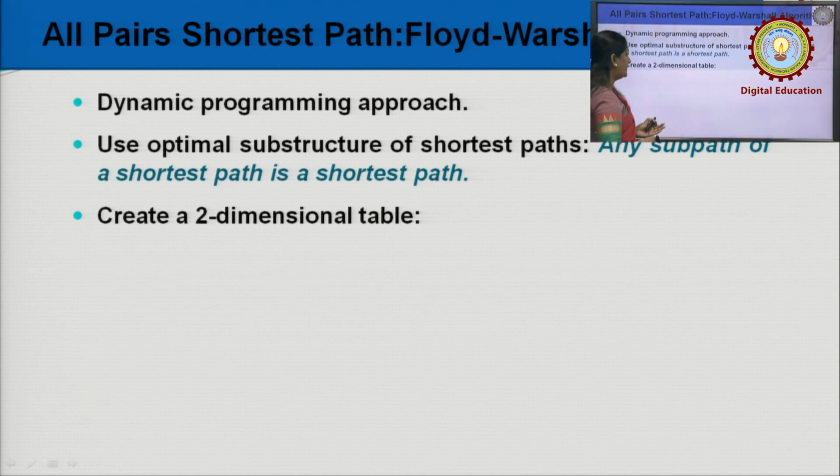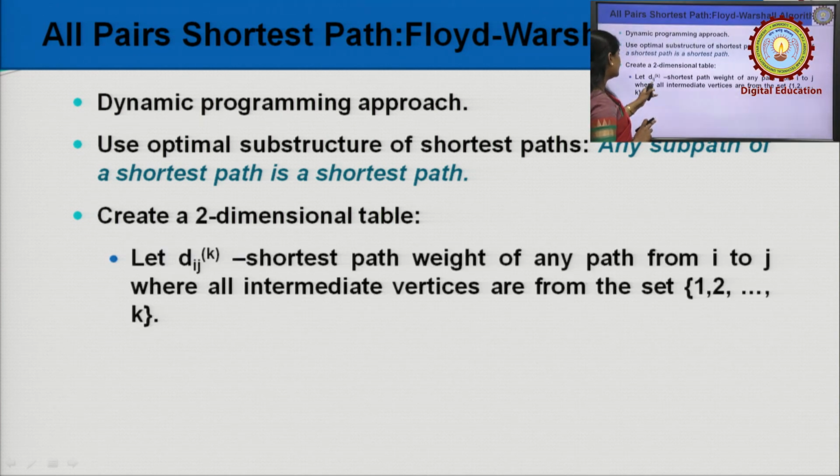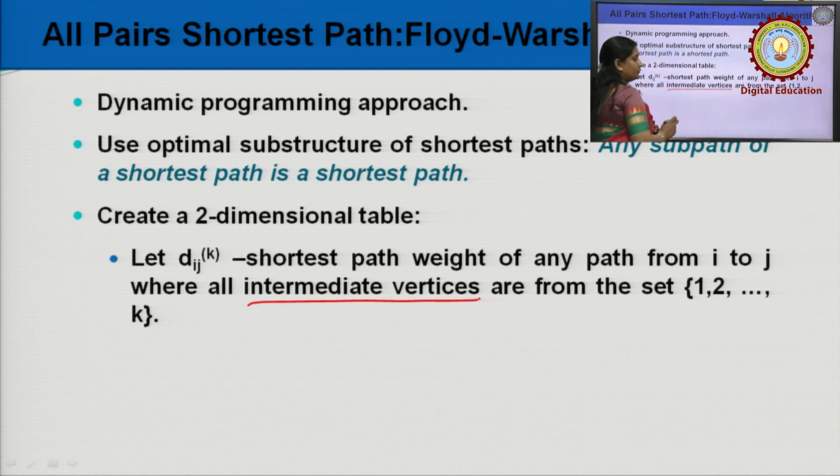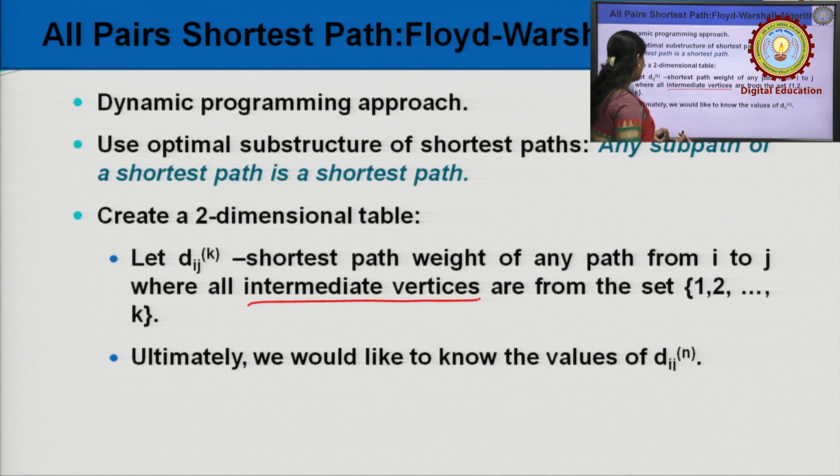In this, we create a 2D matrix where we calculate the dijk value, which is the shortest weighted path from vertex i to vertex j, where all the intermediate vertices are from the set 1 to k. And ultimately we would like to know the value of dij.